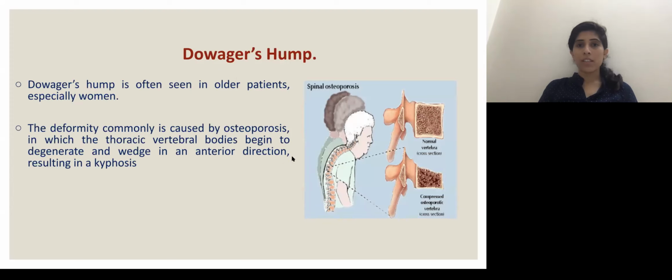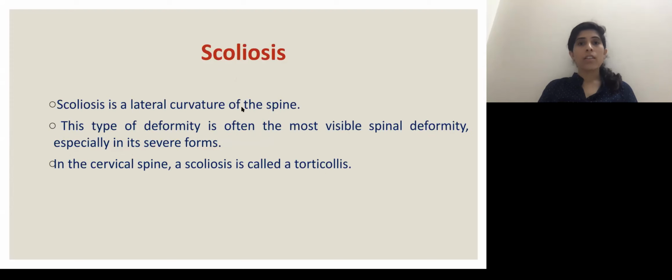Often it is present in older individuals, as a result of osteoporosis in the thoracic vertebral bodies. That produces compression of the vertebrae, and there will be degeneration and wedging in the anterior direction.